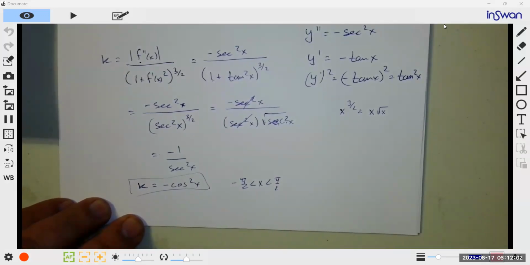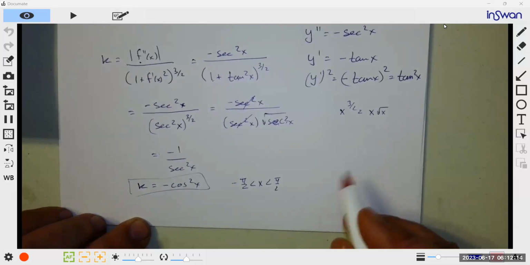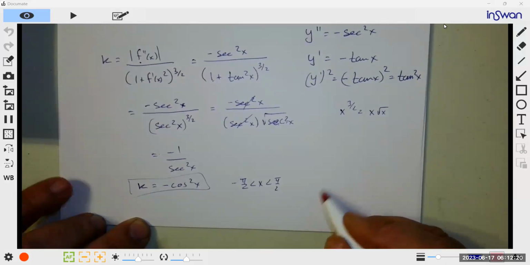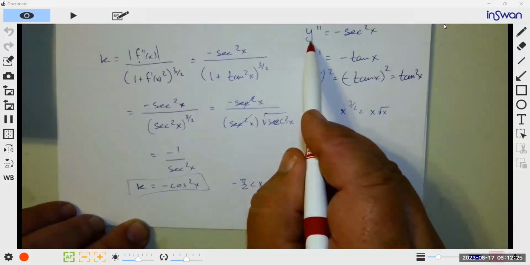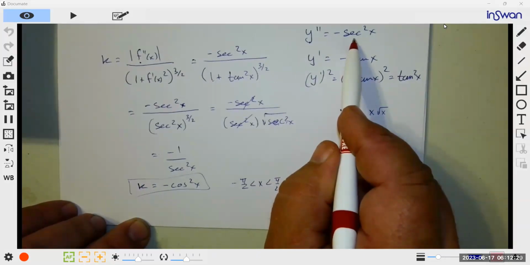At the point of inflection, the second derivative of this function is negative secant squared.